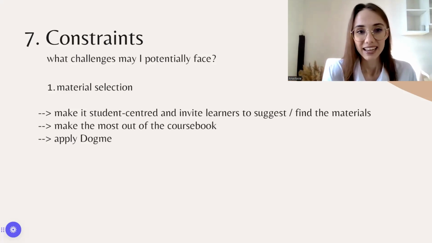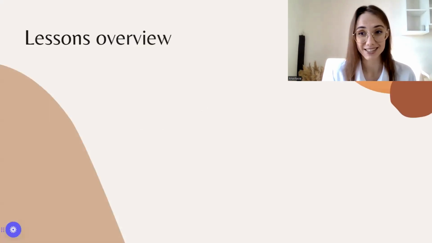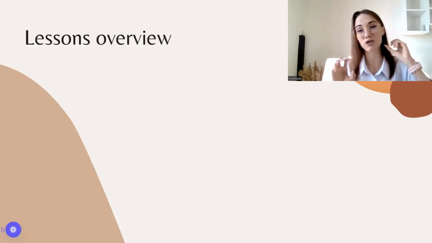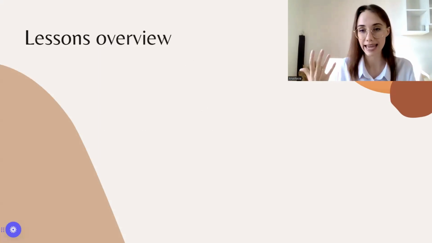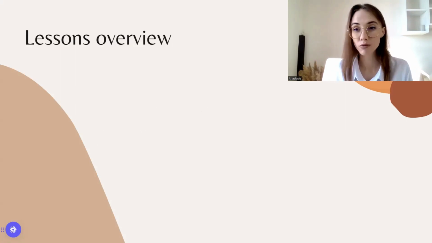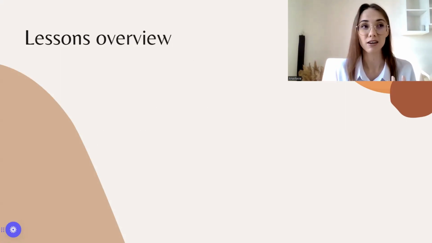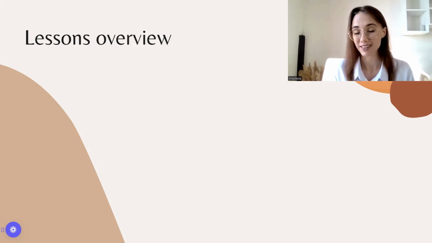Okay. Shall we move on to lessons overview? So now I'm going to give you a rough plan of how I see the sequence of the lessons. And again, this may change. This is not set in stone. This is an ongoing process, and things may go differently. And to be honest, I have already taught the first lesson.